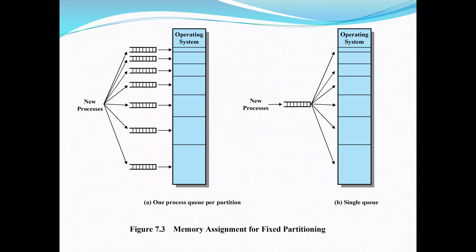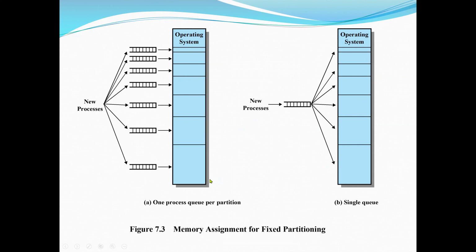Now we have what we call the placement algorithm. With equal size partitions, the placement of a process in memory is trivial. As long as there is any available partition, a process can be loaded into that partition.